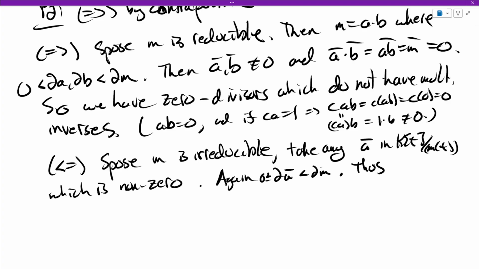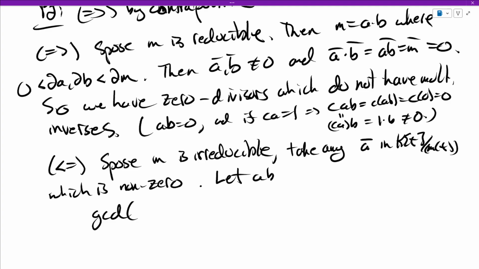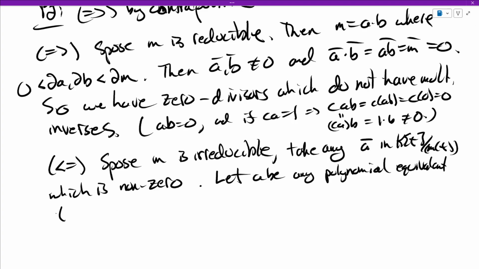Thus, what must be true? Well, the GCD, let me actually delineate the two real quick. It won't take too much time. Let A be any polynomial equivalent to A bar. So you could take just the same coefficients and lift them up. I just want to take something that reduces to A bar. Then what?